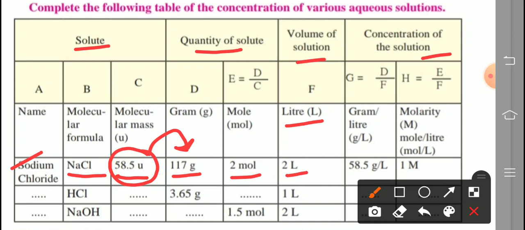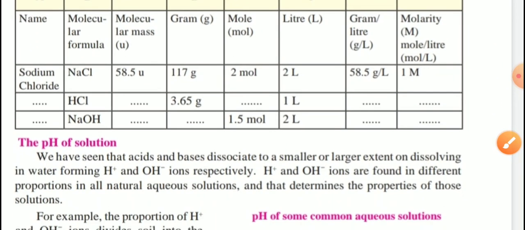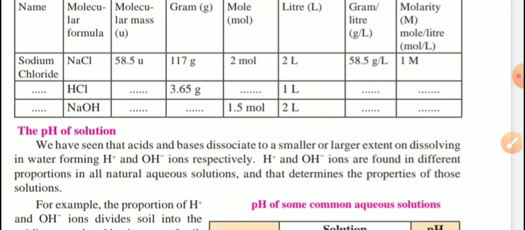So 2 liters of solution is given here. 2 moles of sodium chloride dissolved in 2 liters. So in 1 liter, how many moles? 1 mole in 1 liter, and 1 mole means nothing but the molecular mass of sodium chloride. So 58.5 grams of sodium chloride dissolved in 1 liter means a 1 molar solution. In the same way, try to calculate the answers of the remaining 2. Clear?